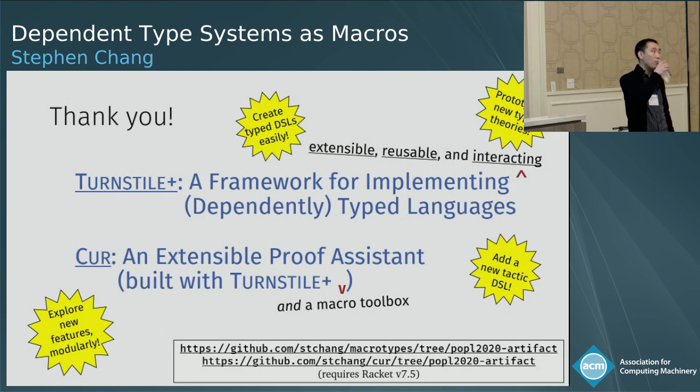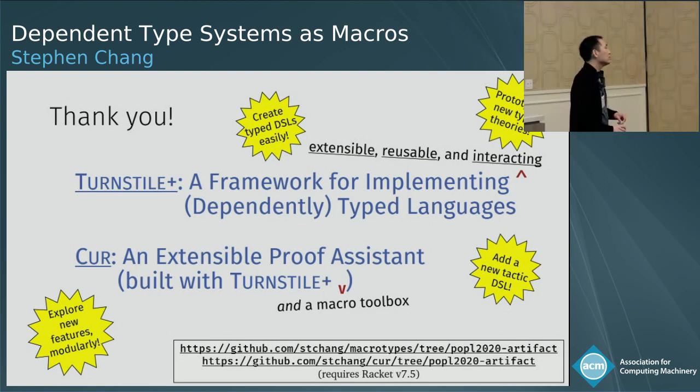Right, so here I have a Slido question, which is how do you handle fundamental parts of the type system like universes? Can the language designer change that, and what are the limits of extensibility? Yeah, that's a good question. Cur actually implements a universe hierarchy, so it's definitely doable.